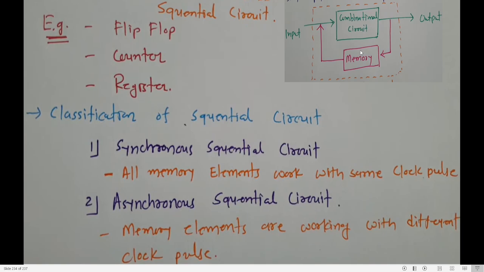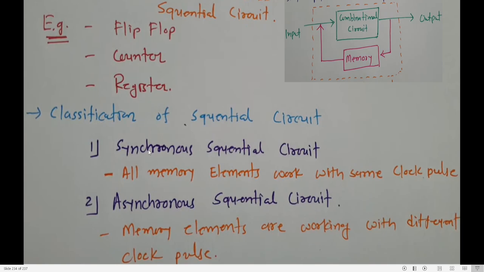The memory elements used in the sequential circuit work with the same clock pulse. Okay, there is only one clock pulse. The memory elements work with the same clock pulse. Whereas in asynchronous sequential circuits, the memory elements work with different clock pulses.